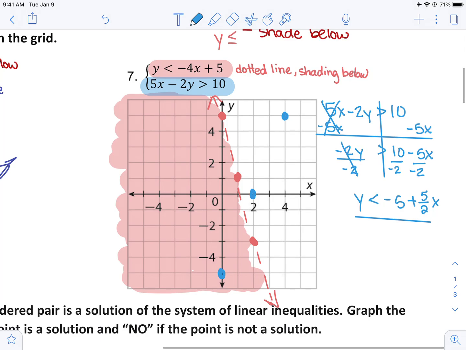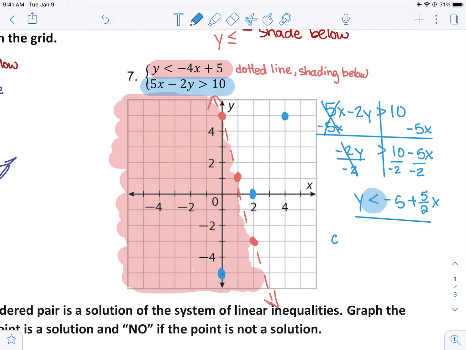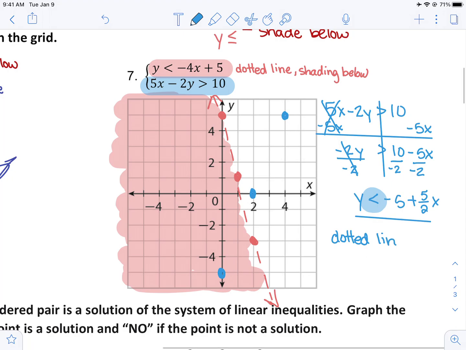Okay. Looking at the inequality symbol, I need to go off the one that is fully solved for. So we're going off this right here. This tells me that I have a dotted line. And it's opening up away from the y, which means I'm shading below.